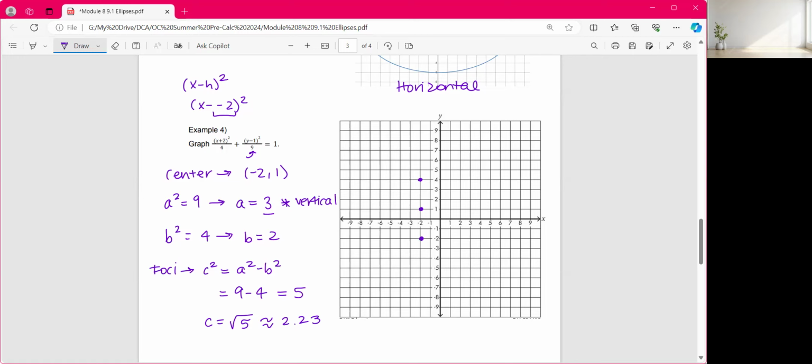My b is the distance from the center to the co-vertex, so I'm going to go left 2 and then right 2. Here I pretty much have my ellipse. The last thing I need to draw is my foci, which is 2.23 units from my center. So here's a foci, and here's a foci. I need to include the foci in my graph of the ellipse.